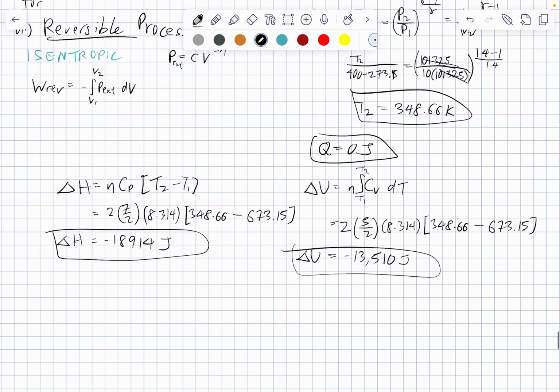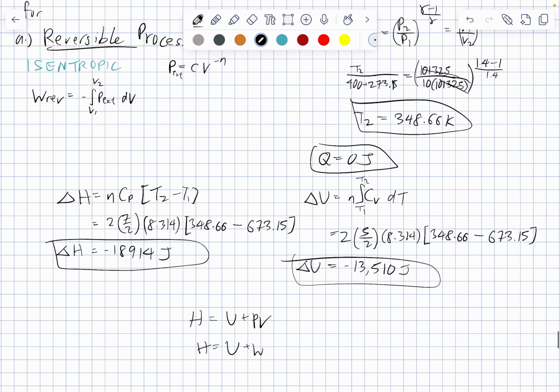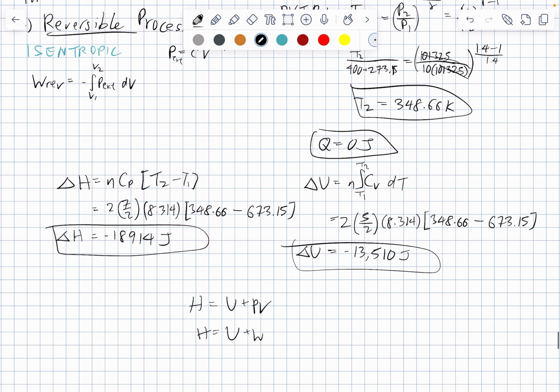Is this valid? Wait. Work is H minus U, let's try 18,914 minus negative 13,510, negative 5404 for the work.